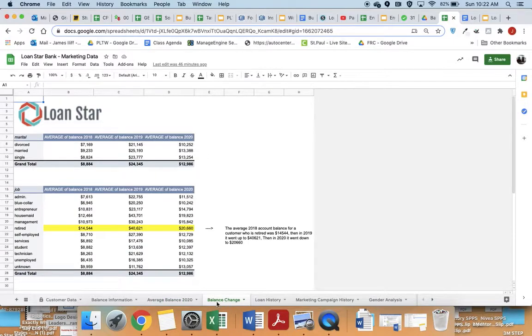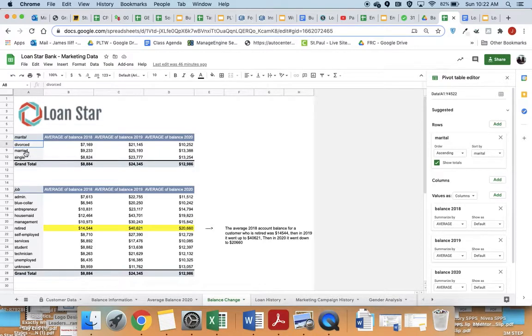So look at this. Balance change. Here we're looking at the same variables, the marital status. Now here is the account balance in 2018, 19, and 20, and you can see how it changes for divorced. So divorced, on average, 7,000, then 21,000. Wow, it went way up somehow in 2019, and then it dropped again in 2020.